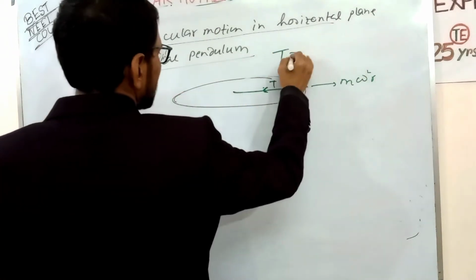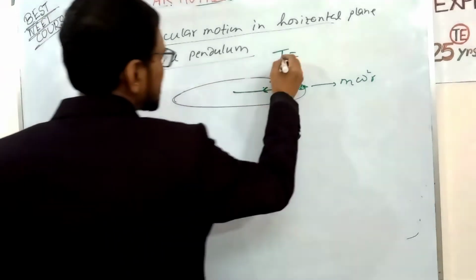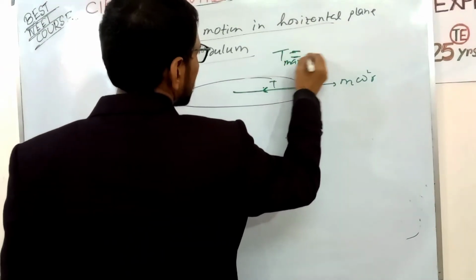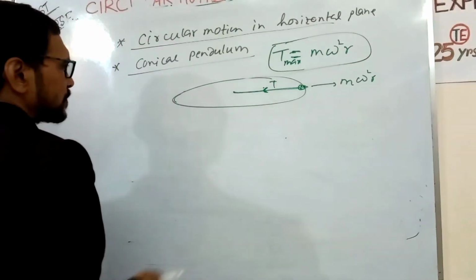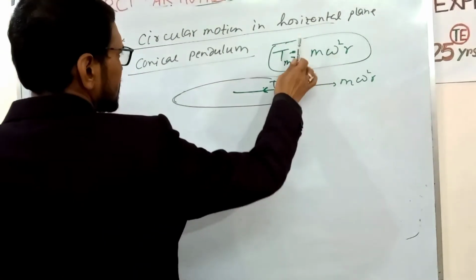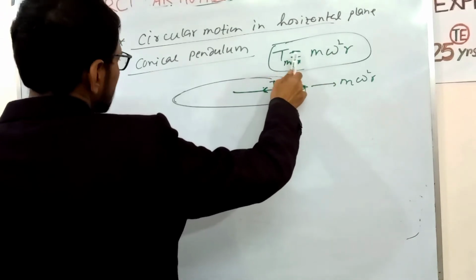So remember, when the string rotates in a horizontal plane, the maximum tension T maximum equals m omega square r. So if you increase the omega, then T increases.